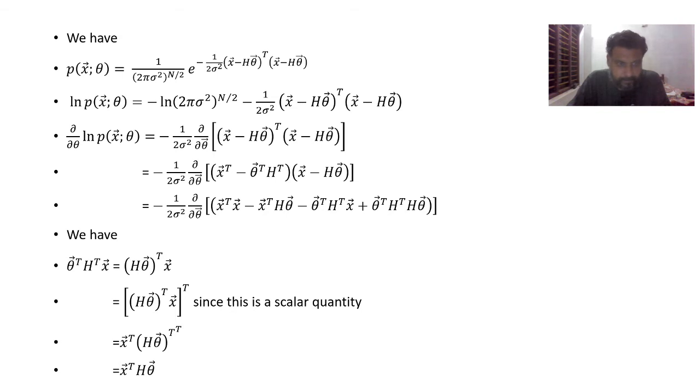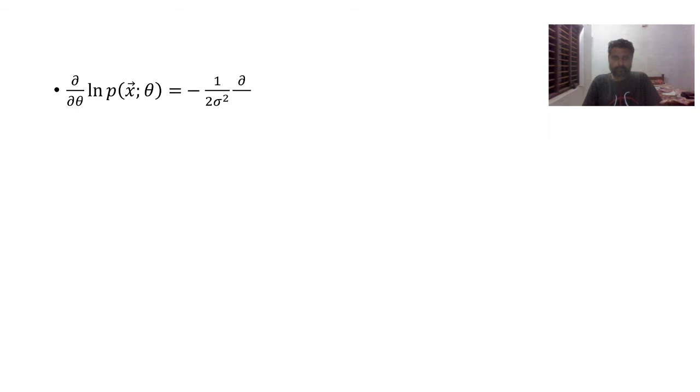Okay, so now my equation changes to dou by dou theta of ln of p of x theta is nothing but 1 minus 1 by 2 sigma square dou by dou theta of x transpose x, minus, I am just clubbing that 2, that is 2 x transpose h plus theta transpose h transpose theta.